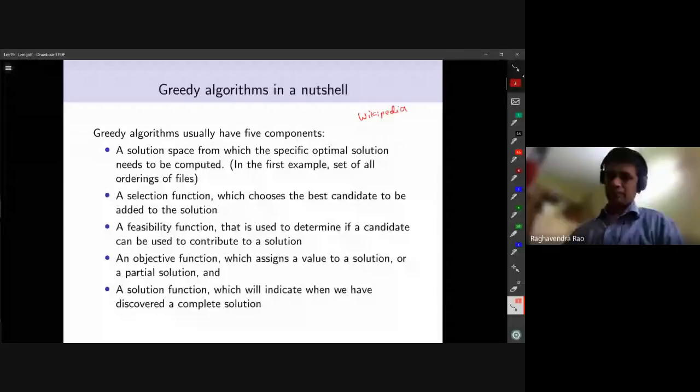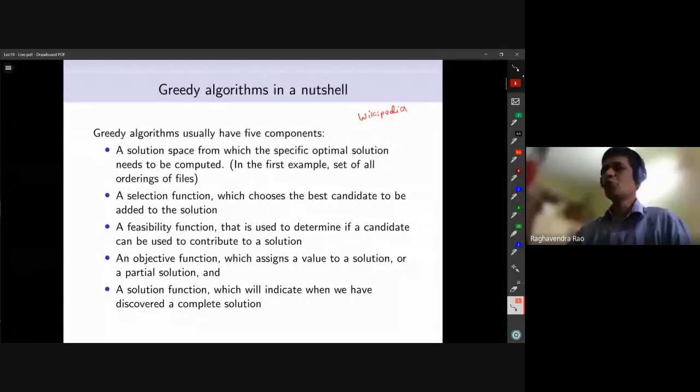See, optimal solution, no. The problem is, like I said, greedy algorithms need not always be correct. So deciding if the solution you have obtained is optimal or not is not trivial. So usually, in this scheduling example, it is maximal. If your task was to minimize, you can say it is minimal.